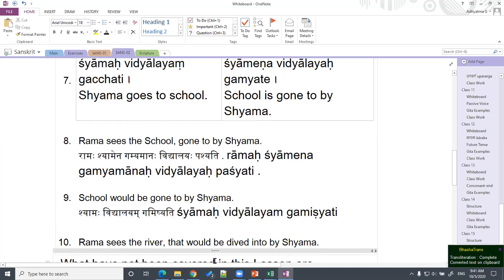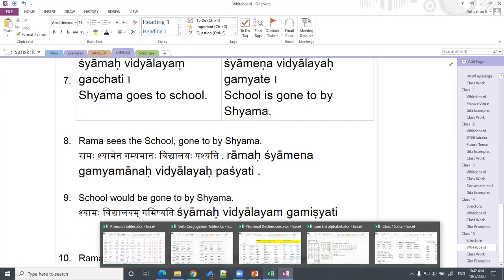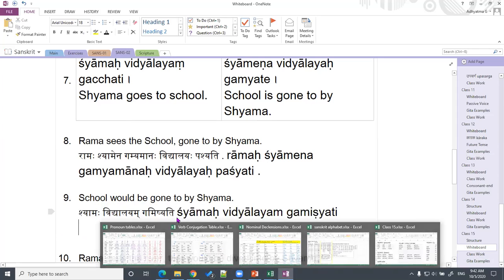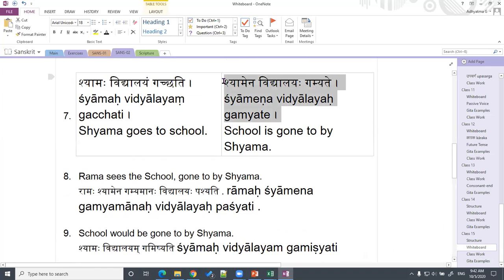Shyama Vidyalayam Gamishyati. So first you will make the passive voice. It will become Gamishyate in the passive voice. So Shyamena Vidyalayam Gamishyate. Exactly the same sentence as it is here.